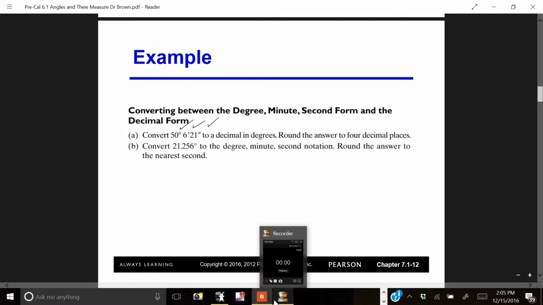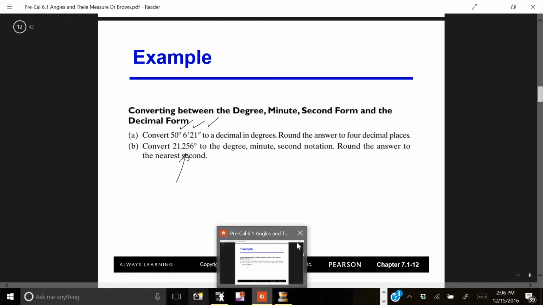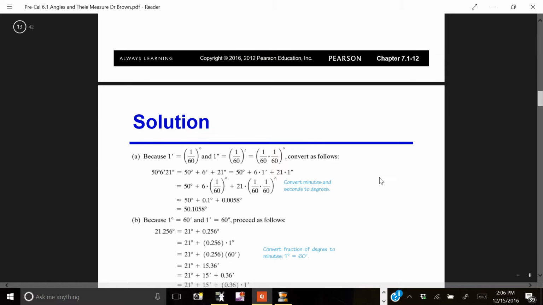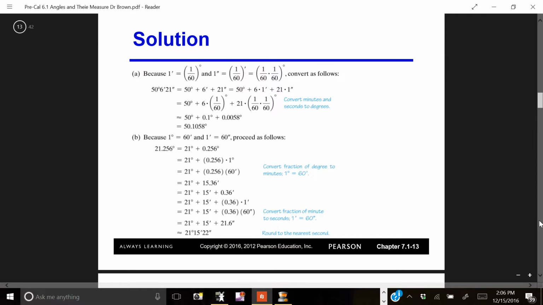And then secondly, we're going to convert from 21.256 degrees to the degree, minute, and second notation, and then round to the nearest second.